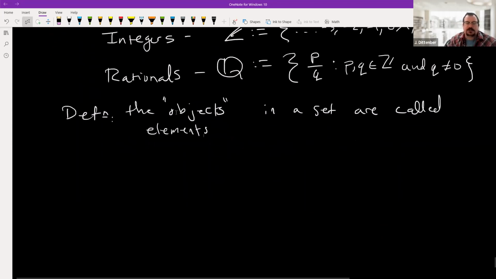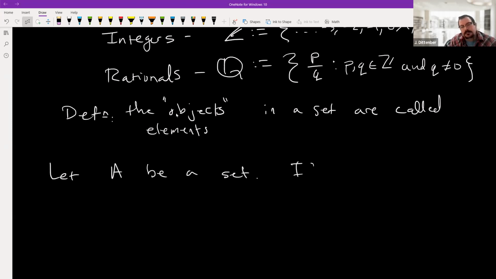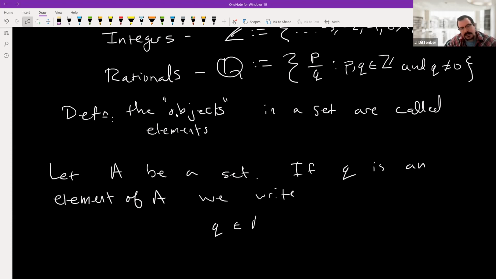And we can write down some notation like this. So we'll say let A be a set. If Q is an element of A, we write Q is in A like this.